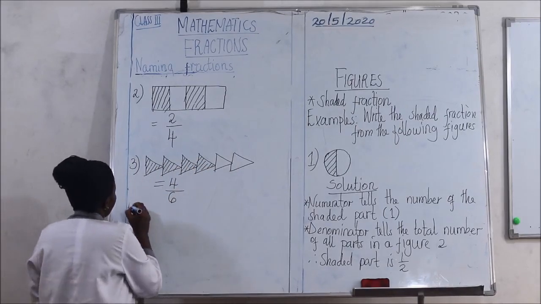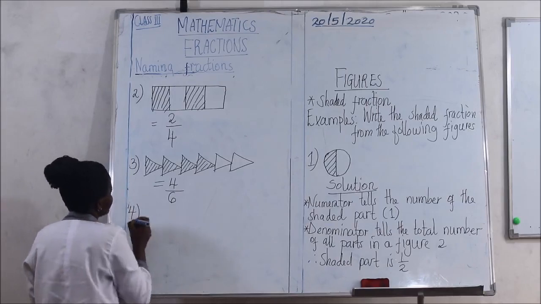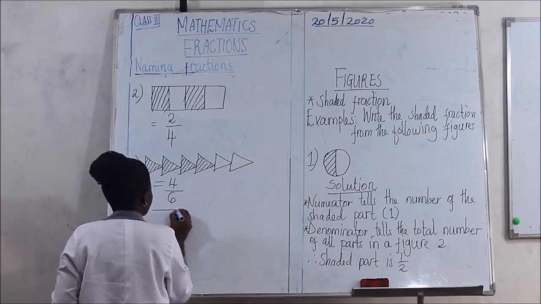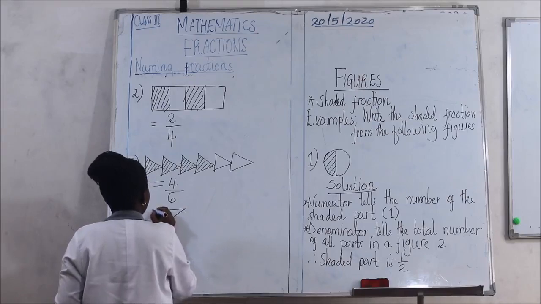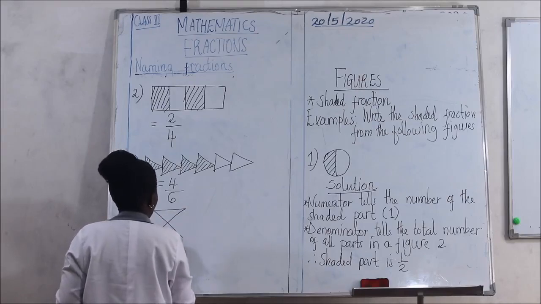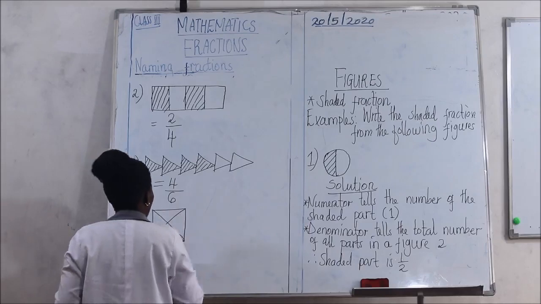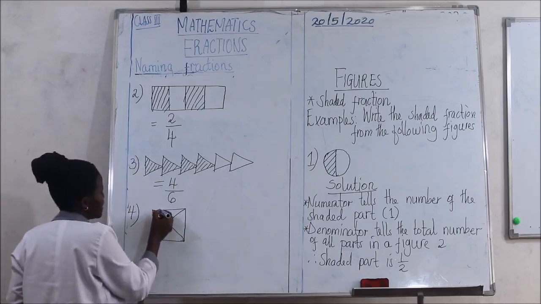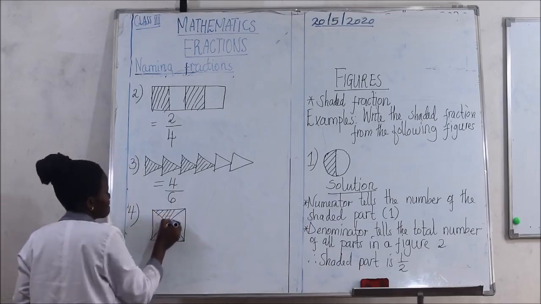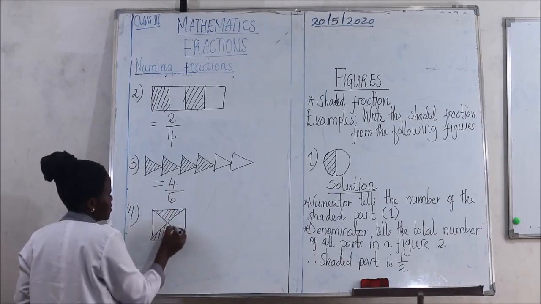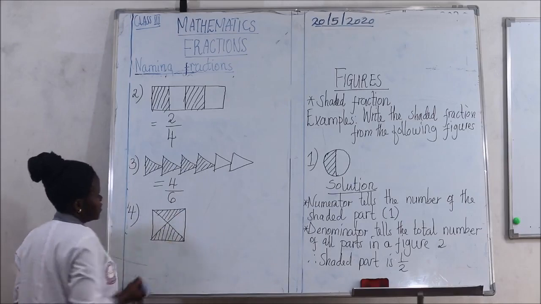Then example number 4, you can have the figure this way, where let's say this part is shaded, and this one down here is also shaded.